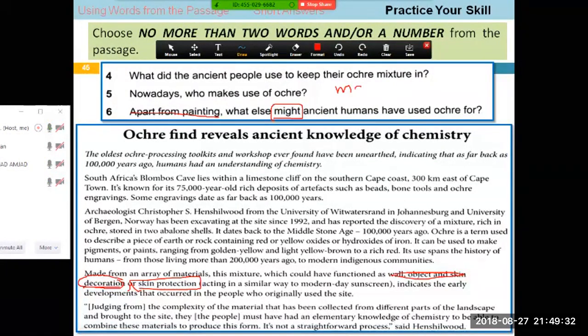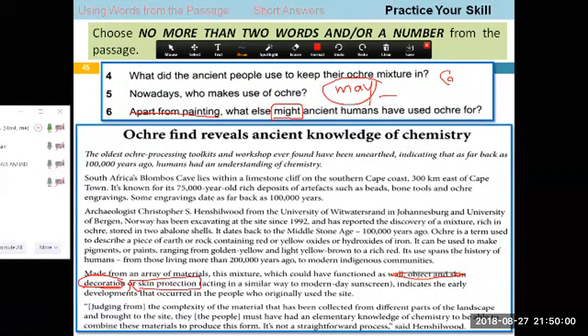May and might, when you are not sure about something, when you say it's optional, it may be the case or it may not be the case. So that means this is a guess of the researchers, maybe. This is a guess of historians, maybe.